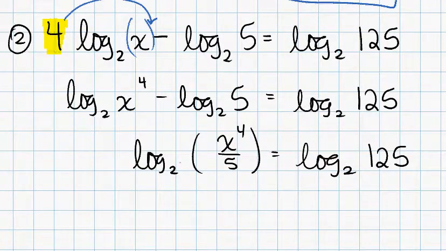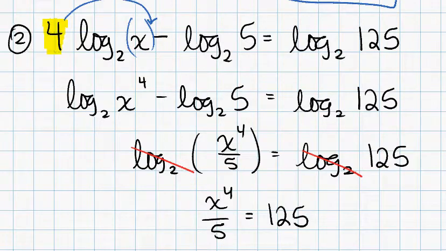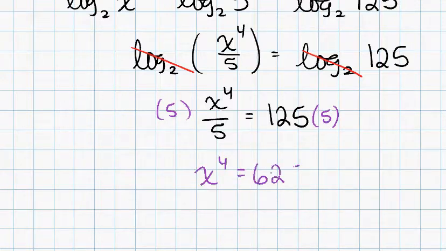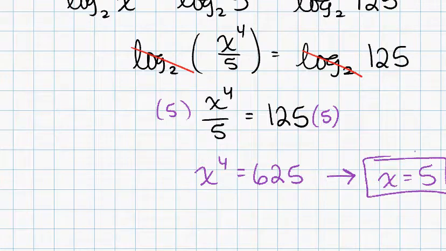The log base 2's will cancel. X to the 4th over 5 equals 125. Multiply by 5. X to the 4th equals 625. And hopefully you know that that is 5. You could take the 4th root on your calculator if you don't know that.